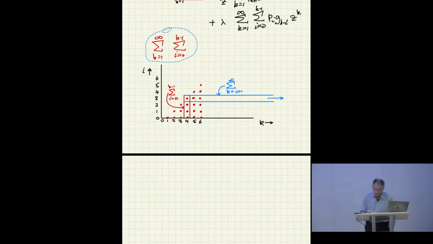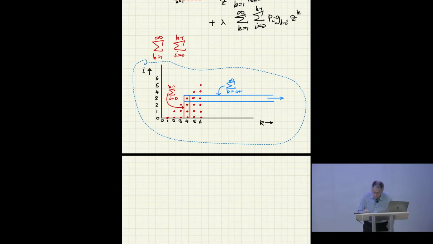Let's look at k equals 1 to infinity. i goes from 0 to k minus 1. So choose a k. Say you choose k equal to 4. If you choose k equal to 4, then i goes where? From 0 to 3. So it means I'm going up this column I painted in red here. i goes from 0, 1, 2, 3. And by the way, to make life a little cleaner for all of us, I should put this properly on the graph paper.